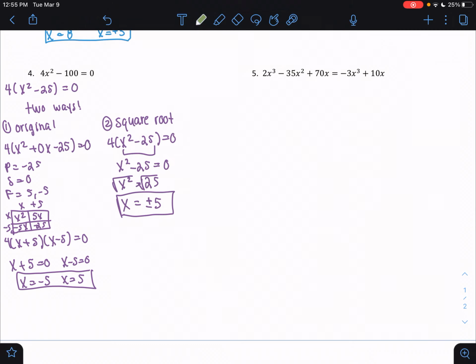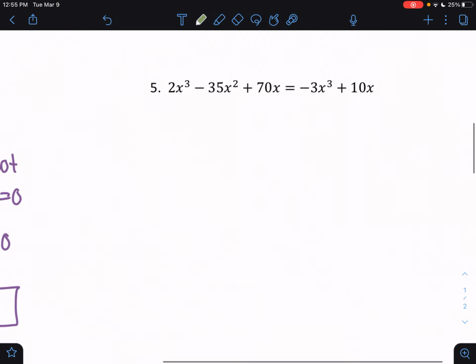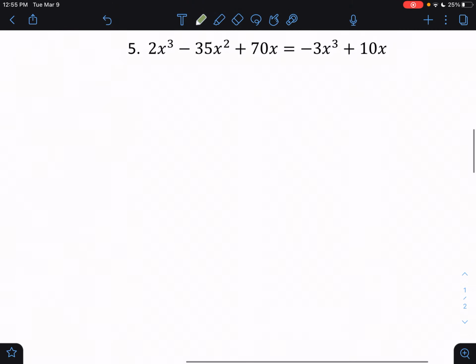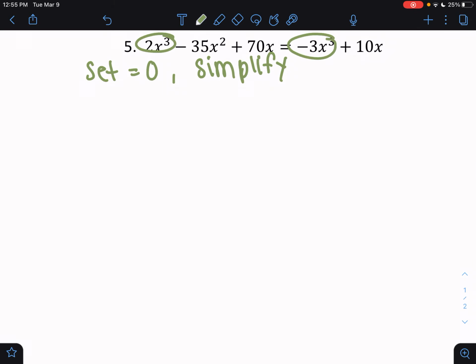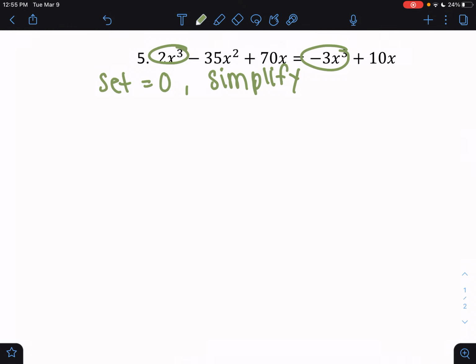Okay, let's take a look at our last one here. It's kind of long, but we just want to set it equal to 0 and then simplify. I would first set it equal to 0 and then simplify, otherwise you might get some of your signs confused, because you can't combine these two necessarily until you move it over, because this is going to become a positive.